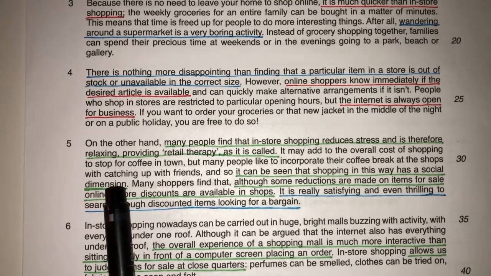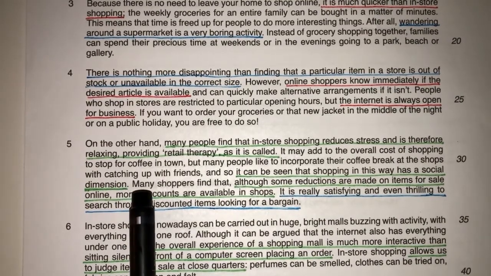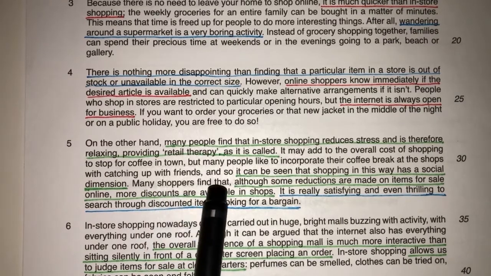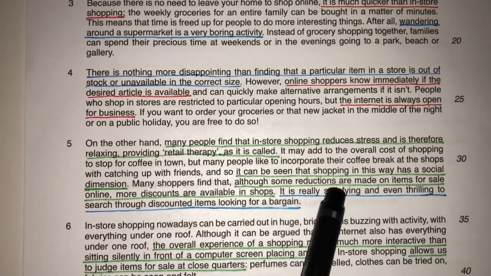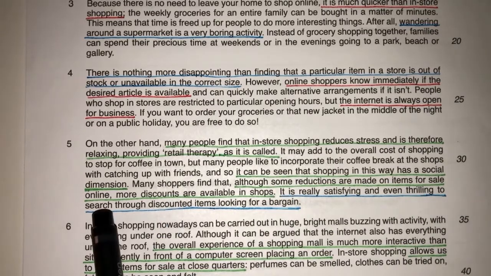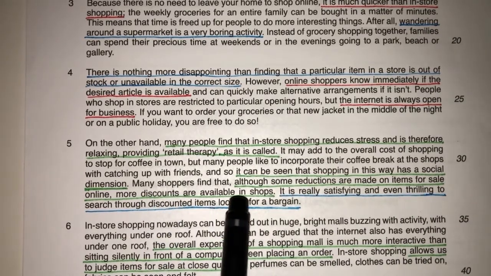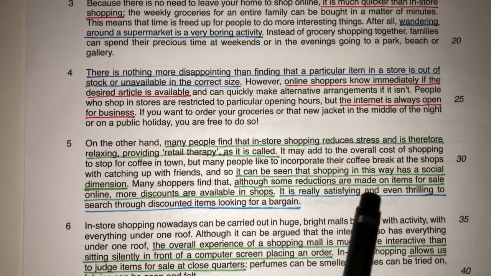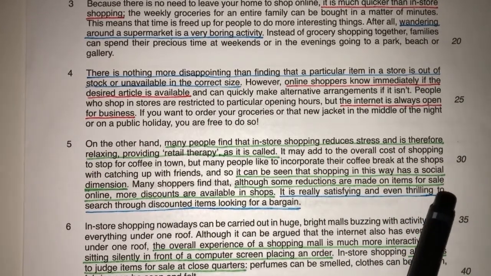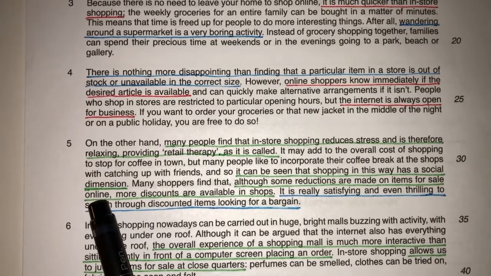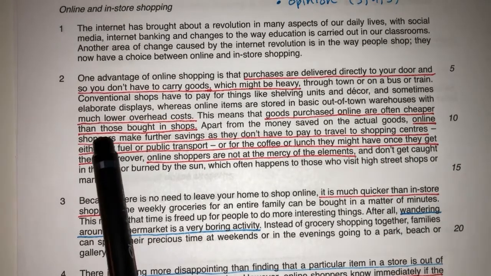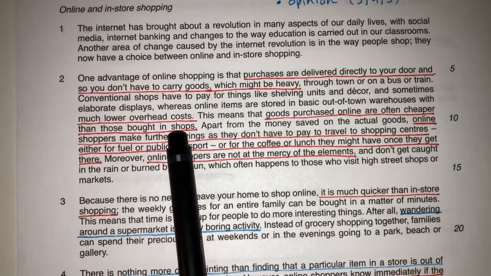And you also have the social dimension that we definitely just discussed. Moving forward, many shoppers find that although some reductions are made on items for sale online, more discounts are available in shops. Again, we saw in paragraph 2 that goods purchased online are often cheaper than those bought in shops.